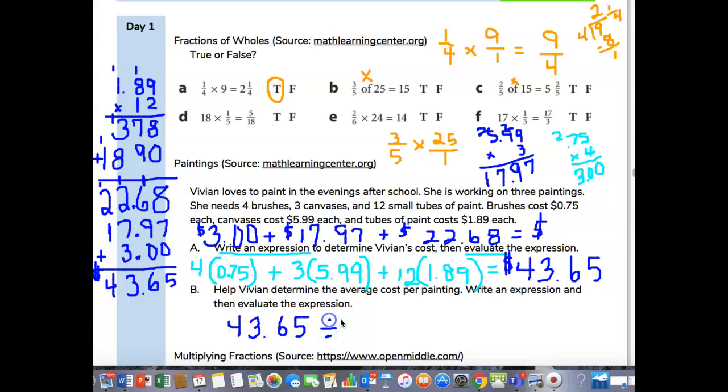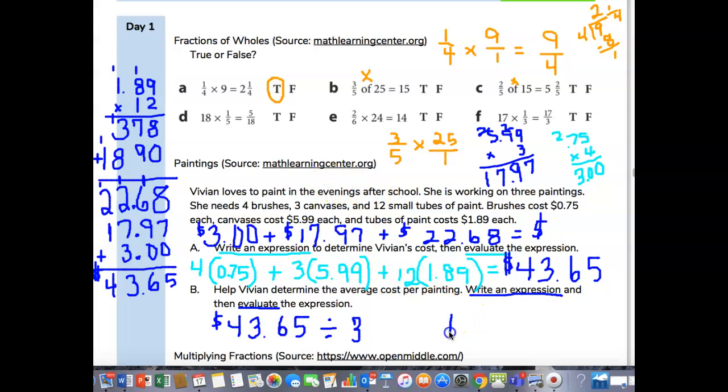So we're going to divide by 3. All right. This is your expression. It asked you to write an expression. That's this right here: 43.65 divided by 3. Now it says to evaluate the expression. That's when you answer it.